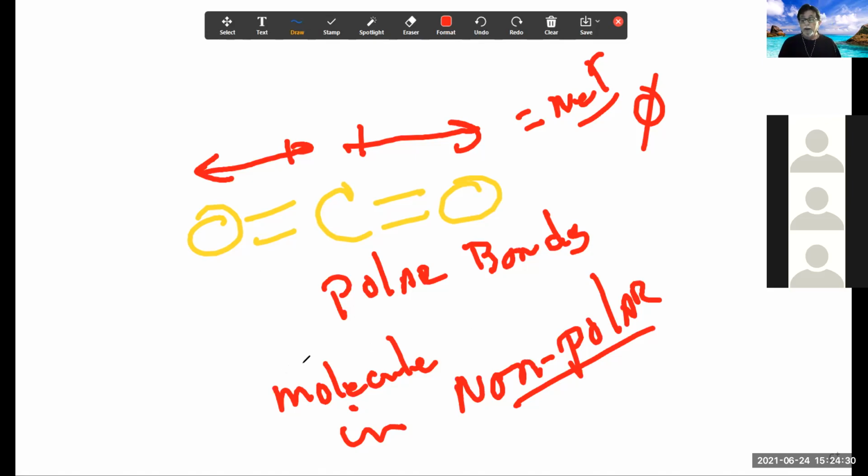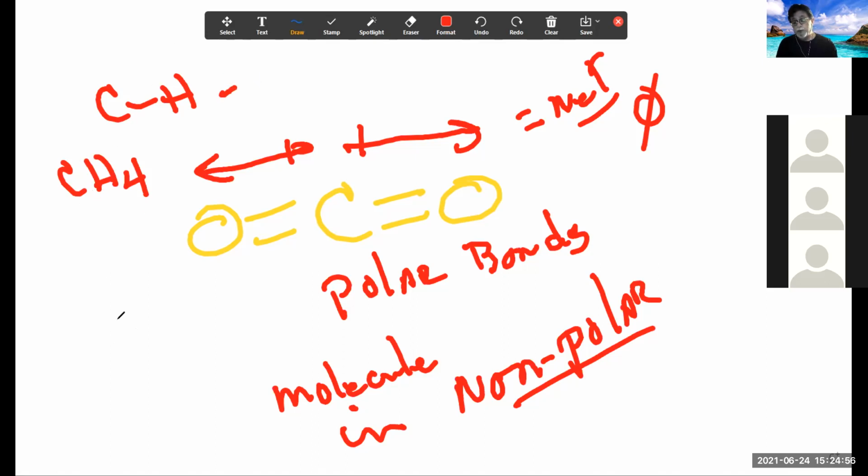Professor, I have a question. Yes. Could you give another example of a non-polar molecule, please? Yes. Anything like, for example, methane. Remember the structure for methane.